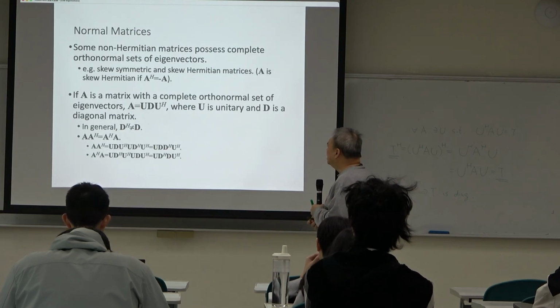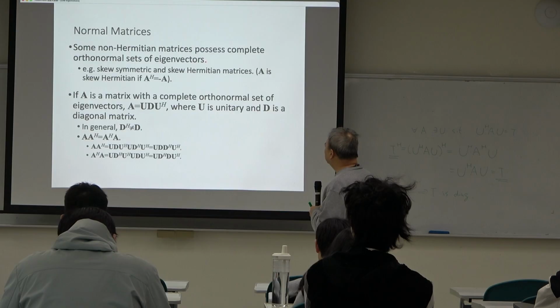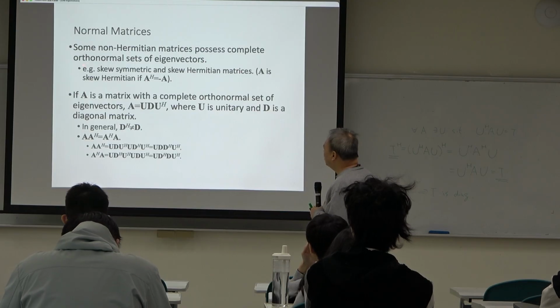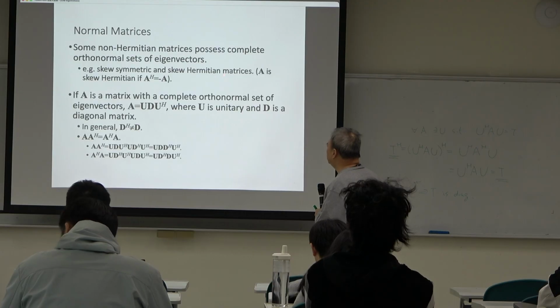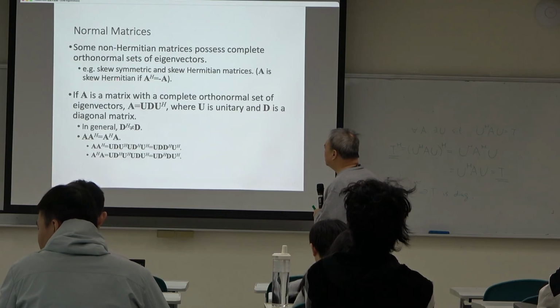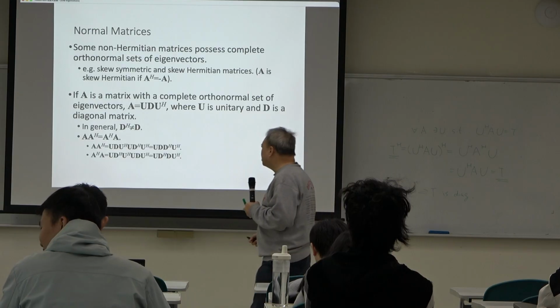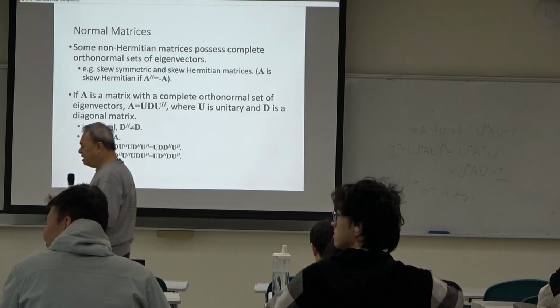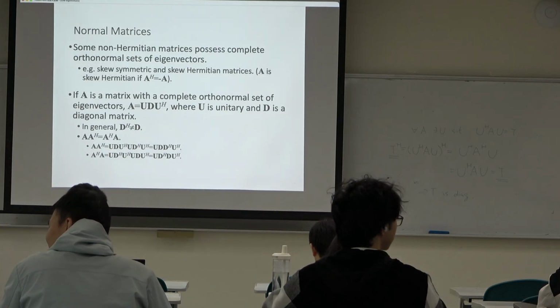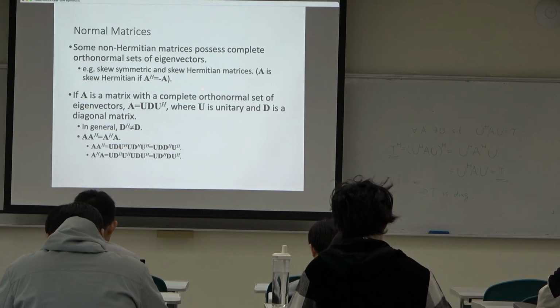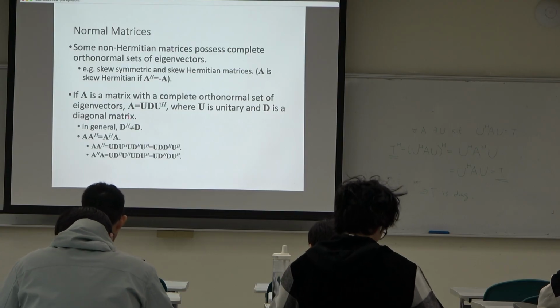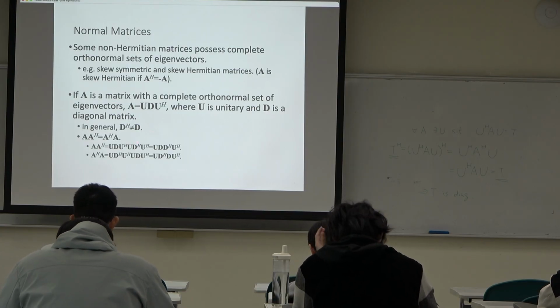The last one: some non-Hermitian matrices possess complete orthonormal sets of eigenvectors, for example skew symmetric and skew Hermitian matrices. Skew symmetric matrices are those where A transpose equals -A. A skew Hermitian matrix is one where A^H equals -A.